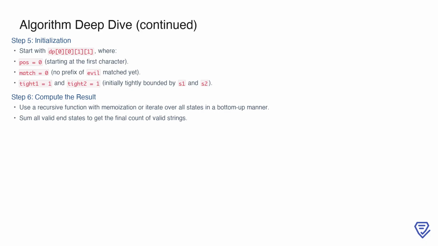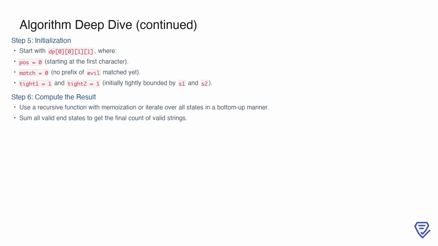To begin solving the problem, we initialize the dynamic programming process with the state DP[0][0][1][1]. This corresponds to starting at the first position of the string, with no prefix of the evil substring matched yet, and with the string tightly bounded by S1 and S2. From this initial state, we compute the result recursively with memoization or iteratively using a bottom-up approach.